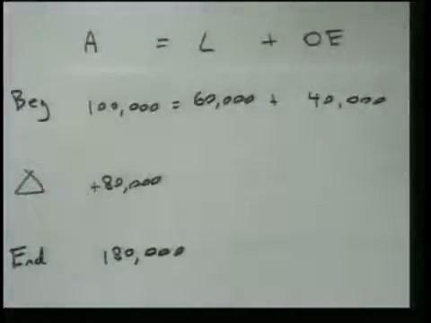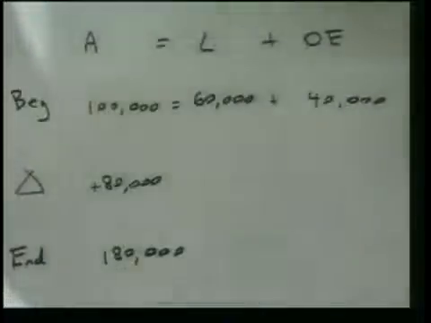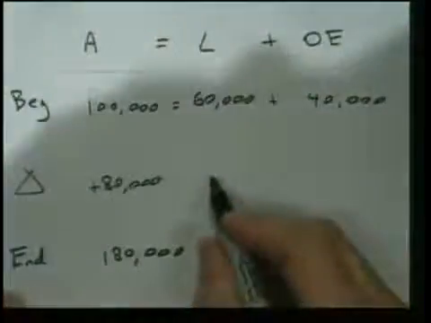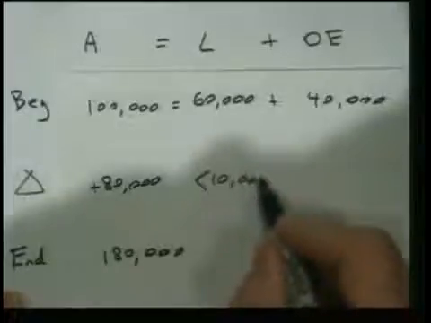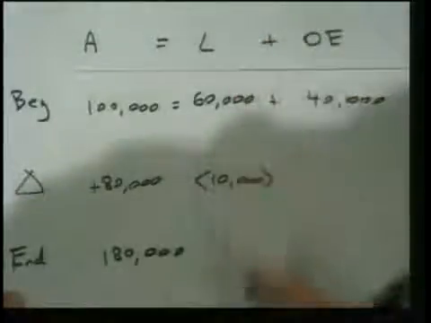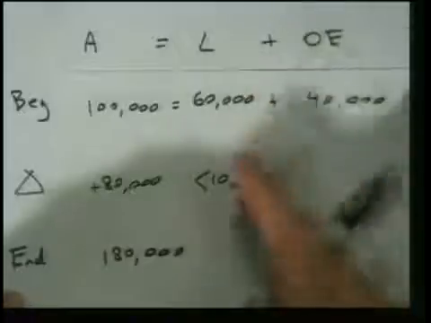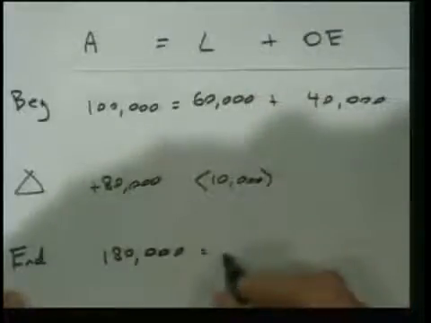Let's see what else they tell us. Liabilities decrease $10,000 during the year, correct? So liabilities go down by 10,000. So 60 minus 10 equals what? 50?